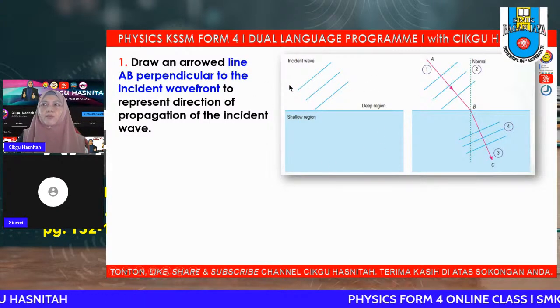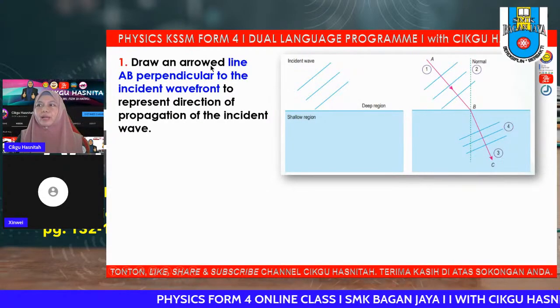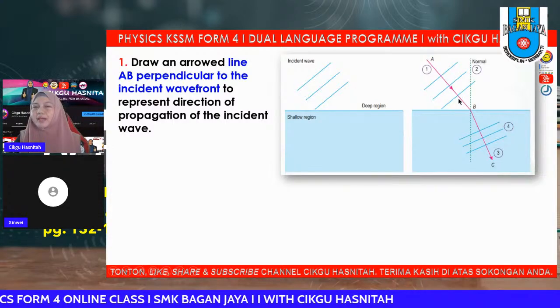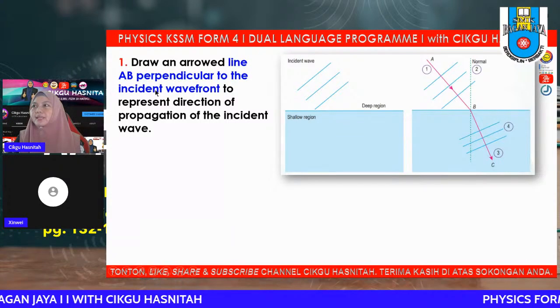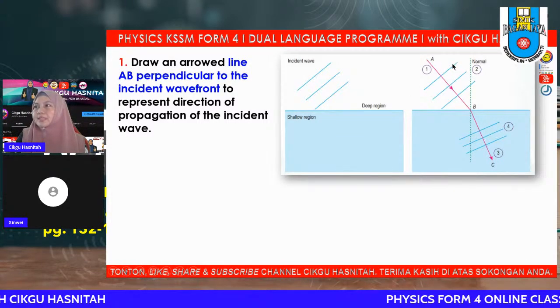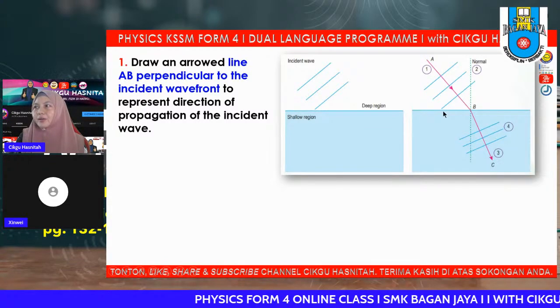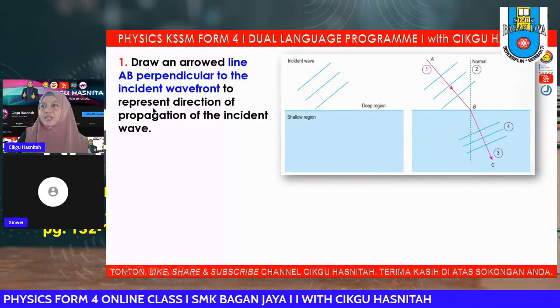First and foremost, you have to draw an arrow line AB. Line AB, number 1. You can see line AB there, perpendicular to the incident wavefront. This is our incident wavefront, the blue line. So it represents the direction of propagation.